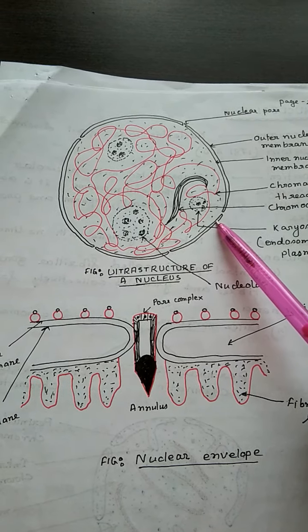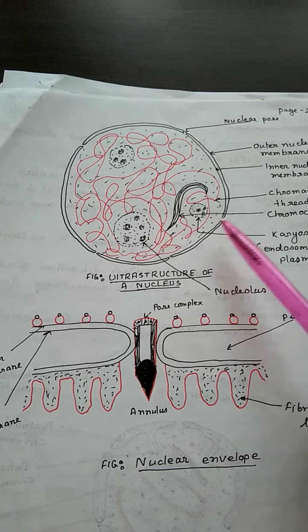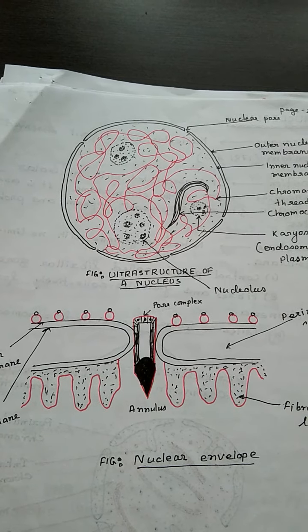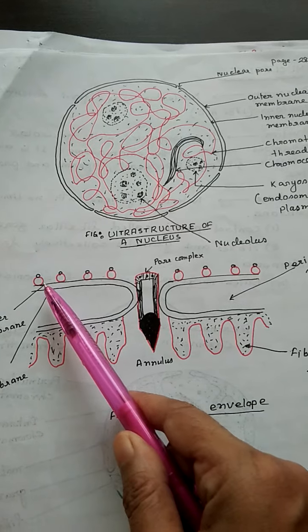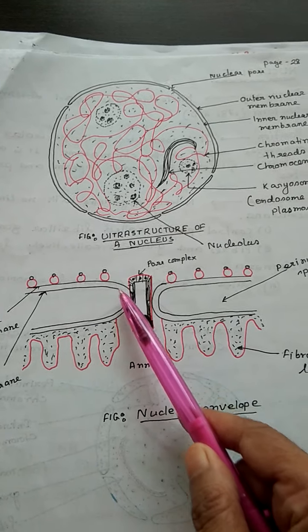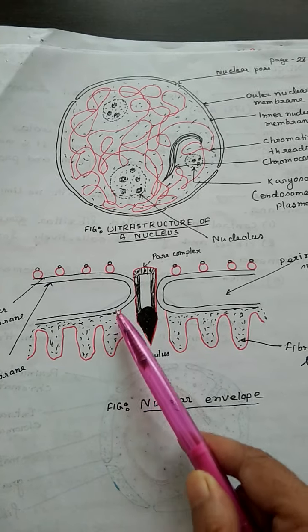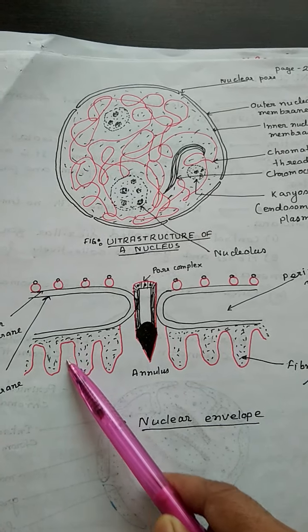The outer membrane has ribosomes, and the inner membrane has fibrous lamella, which is called the honeycomb layer. You just see the outer layer with the ribosomes and the inner layer with a honeycomb, that is a comb-like structure, like a honeybee's comb.